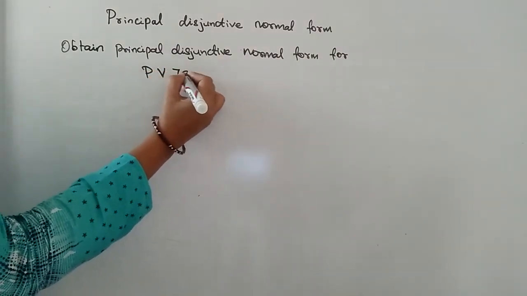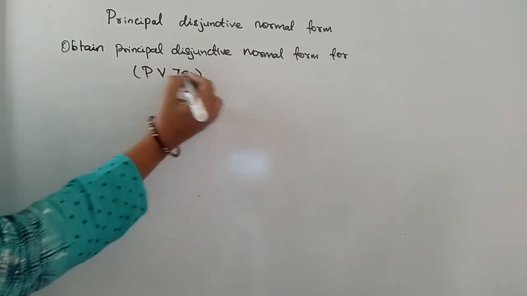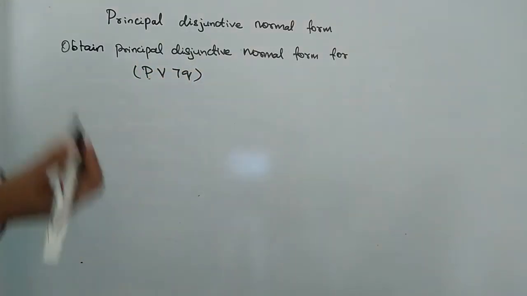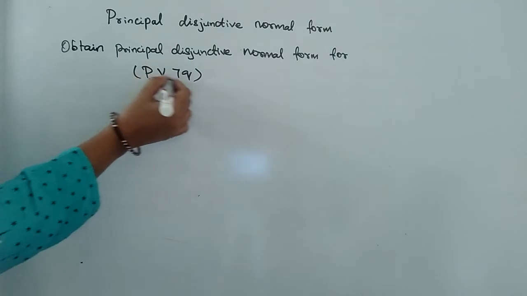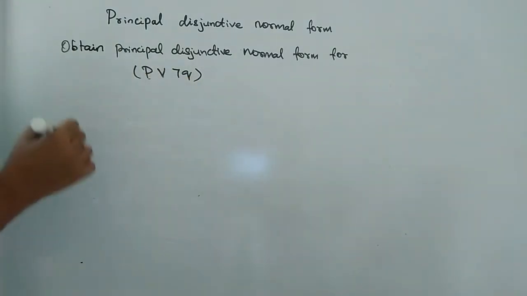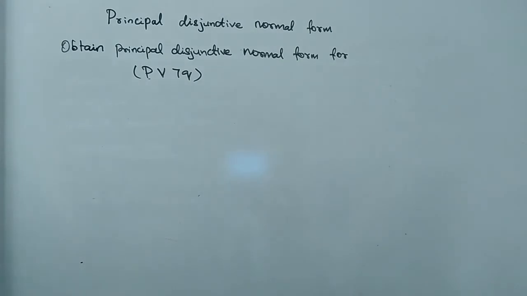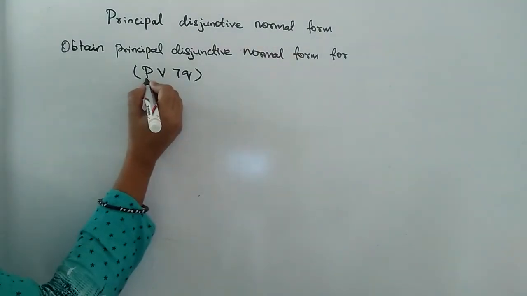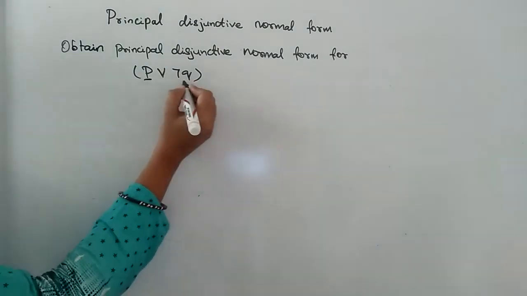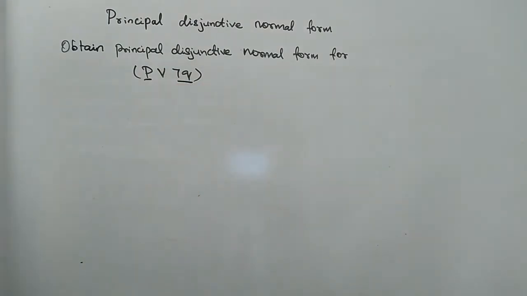P or negate Q. This is the formula given here. We have to trace the equivalent formula for this formula by using the disjunctions of min terms. So what I am going to do here is consider this as one term and this as another term.